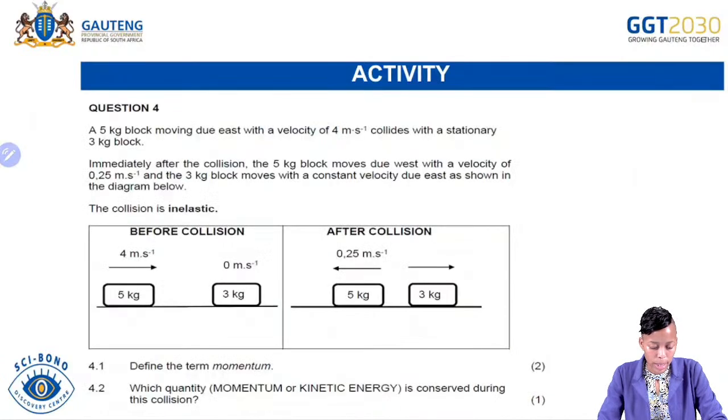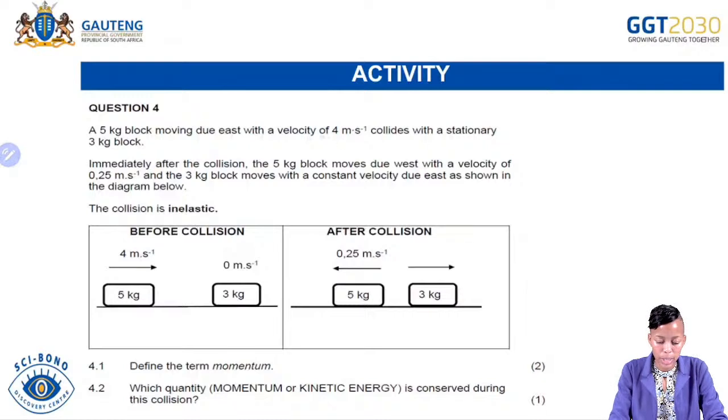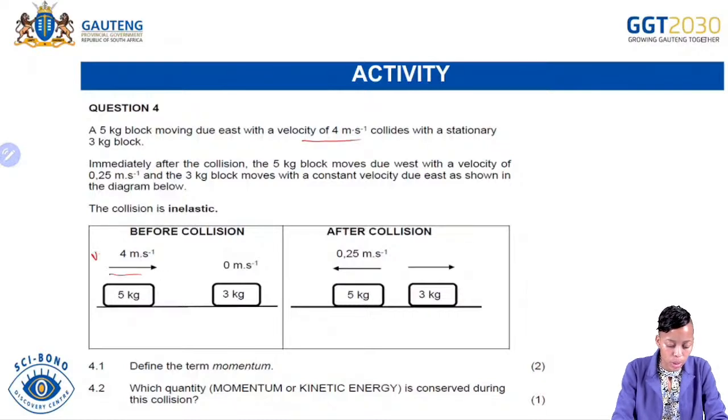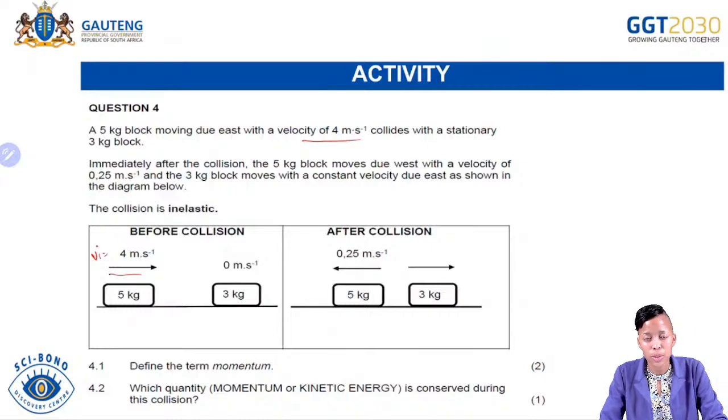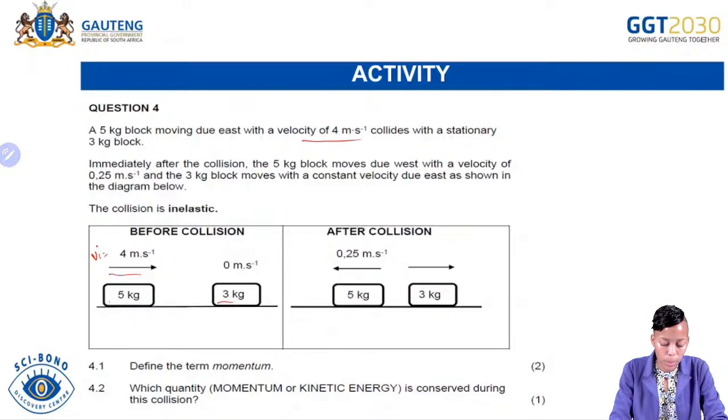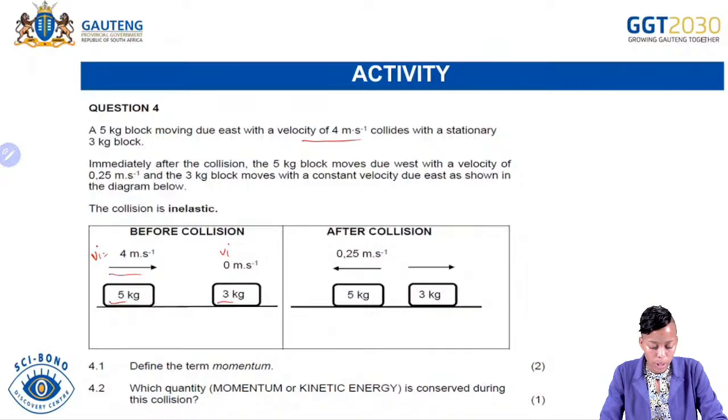Okay, then the next one says a 5 kilogram block moving due east with a velocity of 4 meters per second. So we have an illustration here. It is moving due east with a velocity of 4 meters per second. It collides with a 3 kilogram block, which is stationary, moving at 0 meters per second.